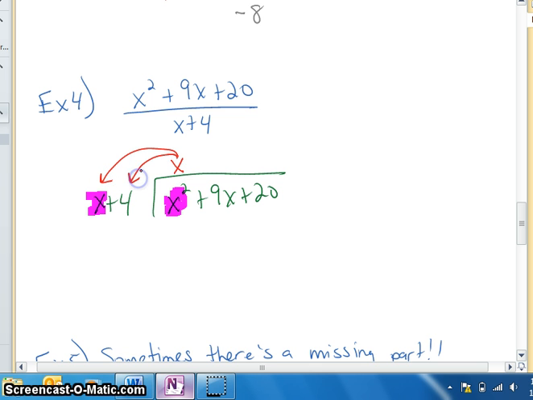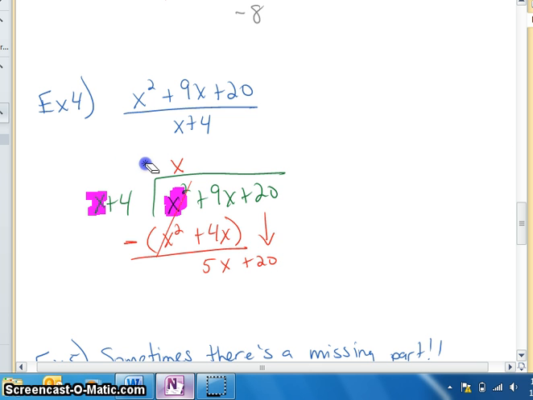Multiply, multiply. So now I have x squared plus 4x. I need to subtract. I'm putting the parentheses there because I need to subtract both terms, right? I hope we've caught on to that. x squared's gone. 9x minus 4x is a 5x. Bring down the 20.